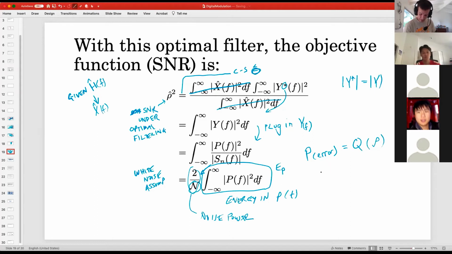And if you allow me, I'm going to substitute P sub E for P of error. The optimal, or the best, error probability is then going to be Q of rho hat. And so we have just shown that that's Q of the square root of twice the energy in the pulse divided by the noise power. Or energy in the pulse divided by the power spectral level of the noise, right? Because we define that to be script N over 2.